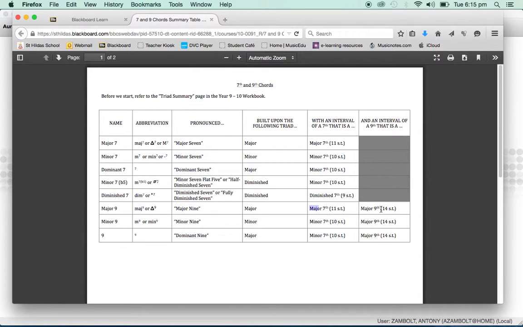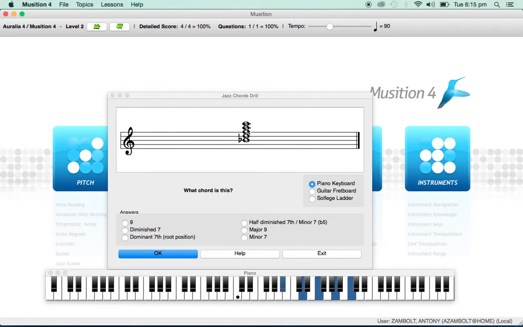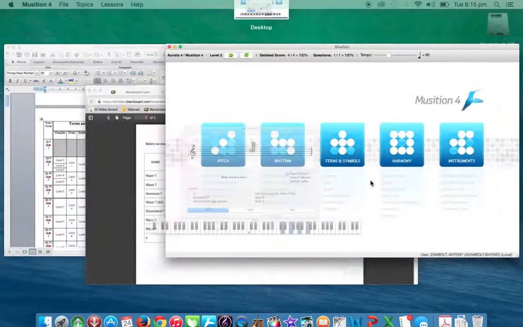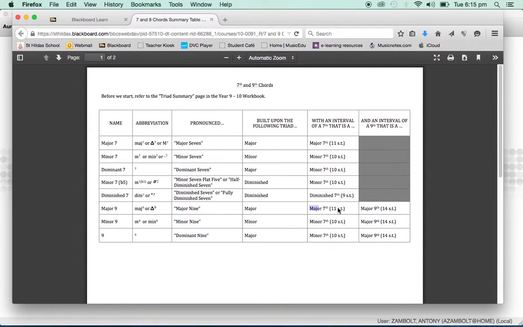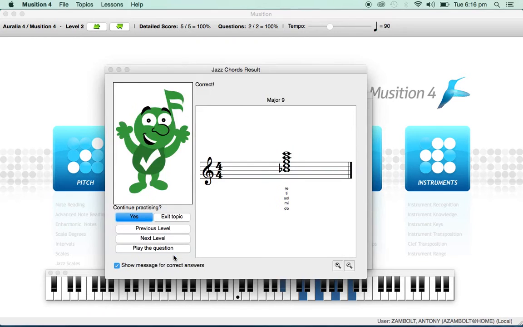And that's pretty much all we have to do. We don't have to go any further because we know it's a ninth chord, because there is still another interval to look at above that. So what was the definition of what we just found? It is a major 9 chord. In this case, it's a major 9 built on the B flat, so the full name would be B flat major 9. But you don't have to actually work out the letter, just click on the major 9 answer.